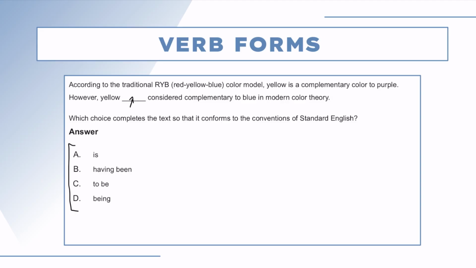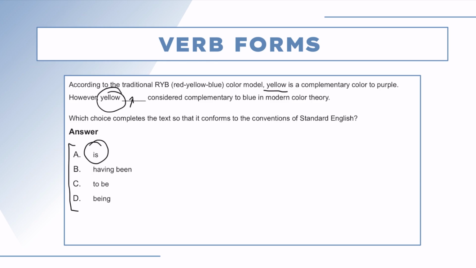A main clause requires a finite verb to perform the action of the subject, and in this case, the subject is yellow.